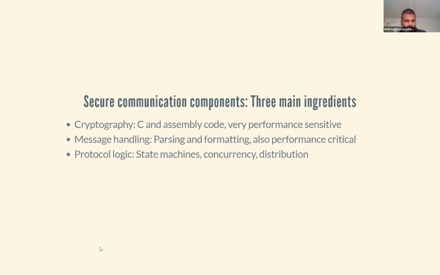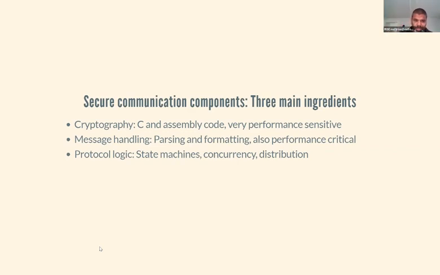And then there's some protocol-specific logic that typically involves a state machine, some concurrency and distribution that orchestrates a distributed program, like the core state machine of TLS that's implementing the TLS handshake.